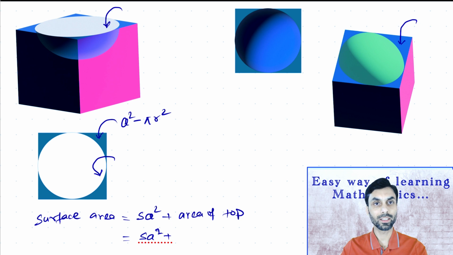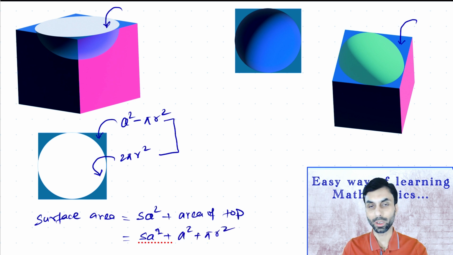Whereas because of the hollowing out, we'll have a curved surface area in it, which will be 2 pi r square. So when we add these two values, we get a square plus pi r square.